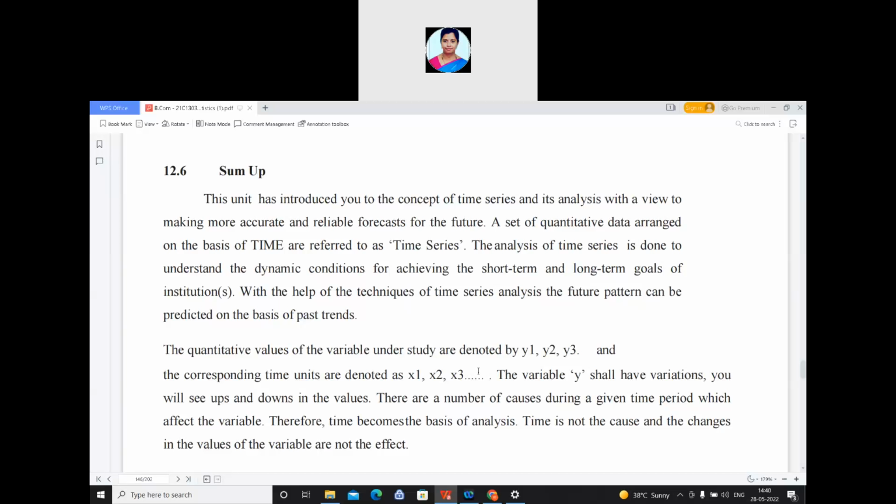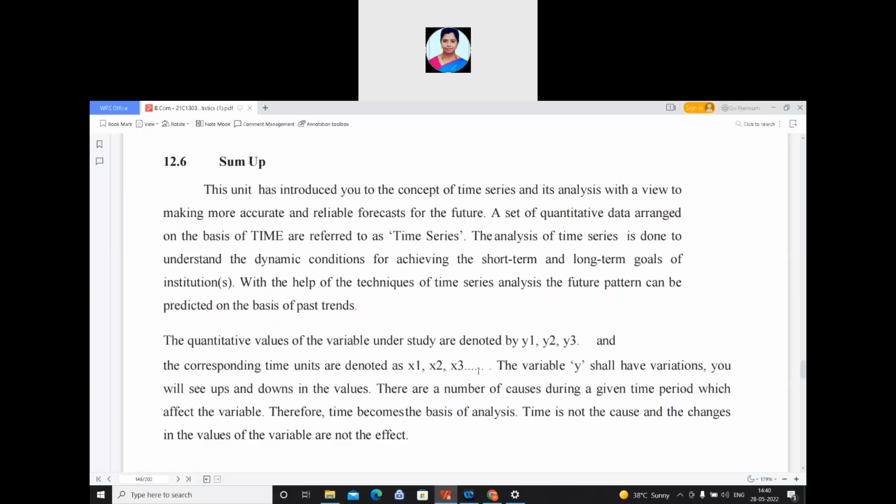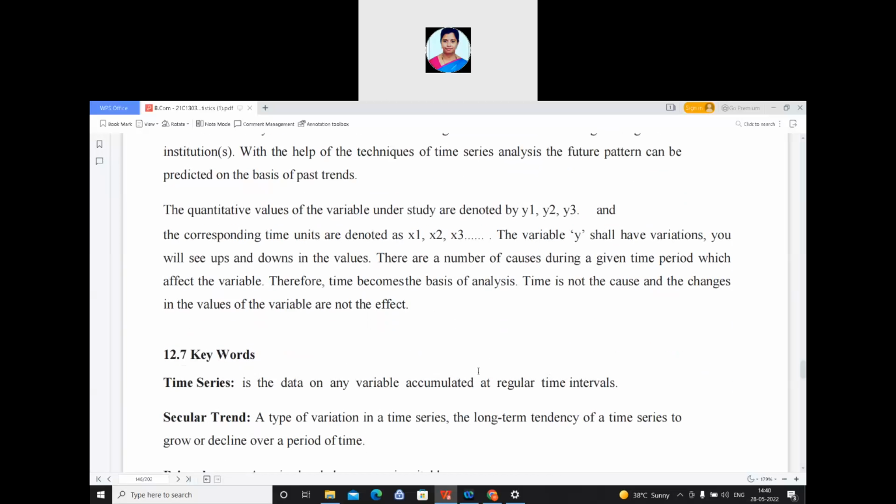So time is the basis, but not the cause, and changes in the values of the variable are not the effect. These are the sum up we have. The keywords we are using in this unit are time series and secular trend.